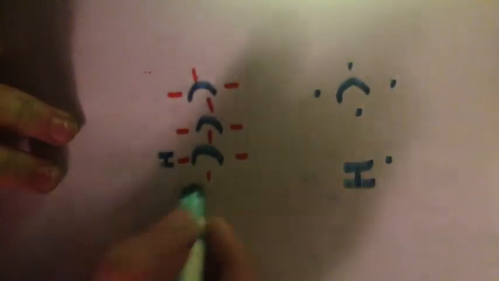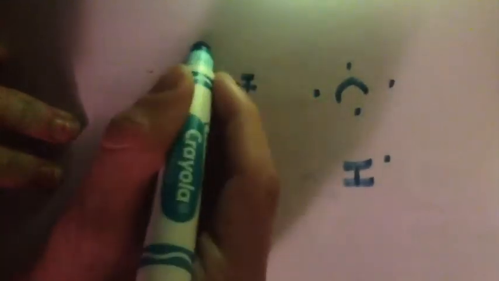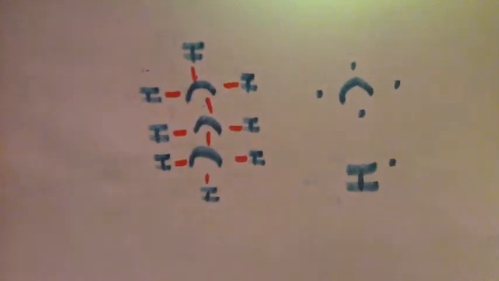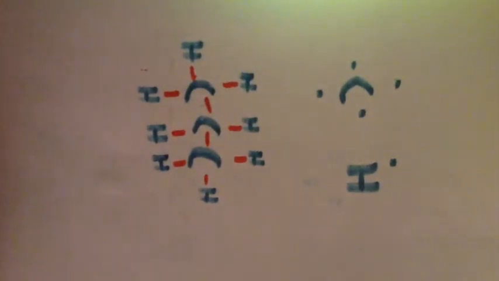Now all that's left to do is add our hydrogen. 1 there, 1 there, 1 there, 1 there. Hydrogen for everyone. Perfect. And since we had 8 hydrogen, let's count them up. Good, 8 hydrogen.